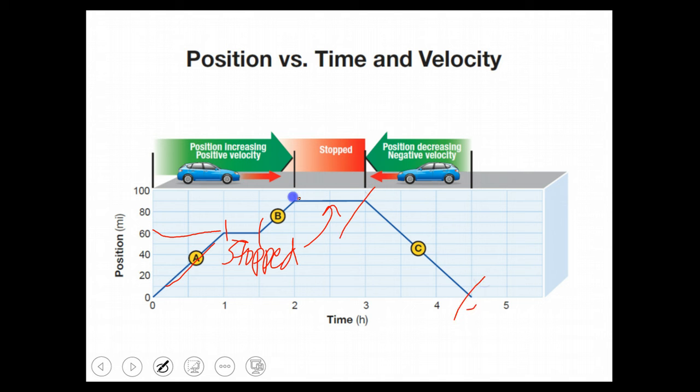Okay. So on sections A and B, we're said to have an increasing velocity or positive velocity. In section C, we're said to have a negative velocity. All that means is you're going backwards here, or the opposite direction. Okay.